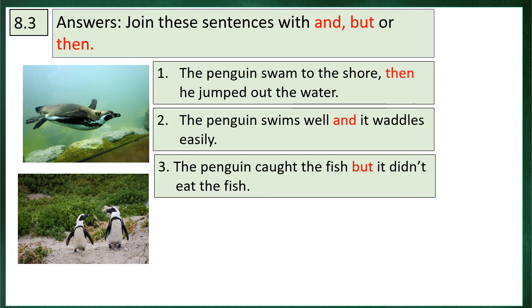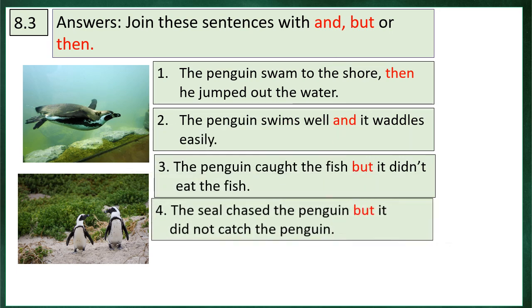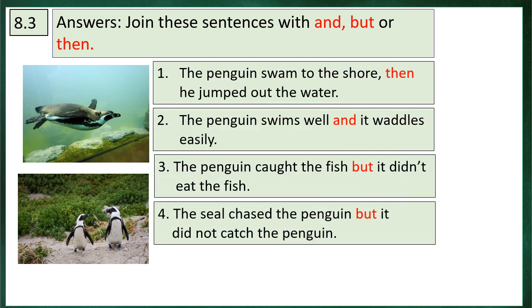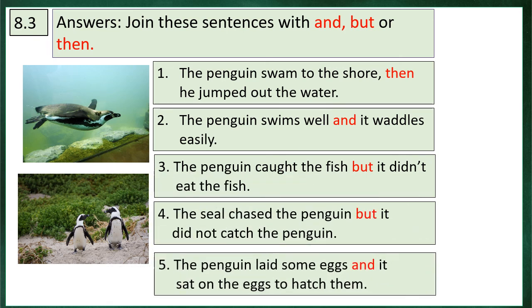That one does seem to show contrast, doesn't it? Number 4. The seal chased the penguin, but it did not catch the penguin. That one also seems to show contrast. And number 5. The penguin laid some eggs, and it sat on the eggs to hatch them.